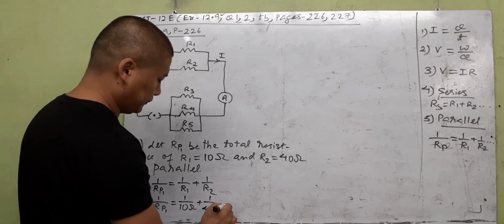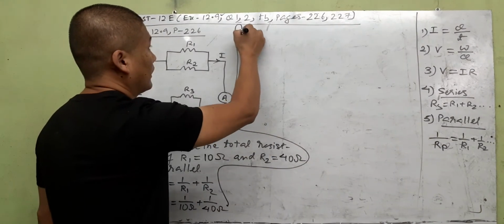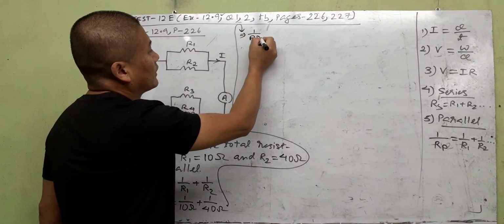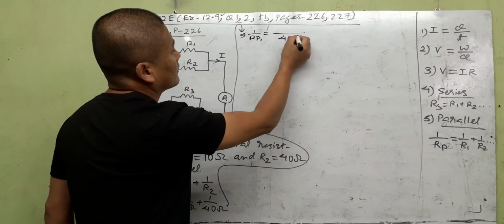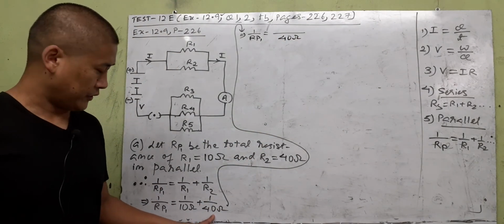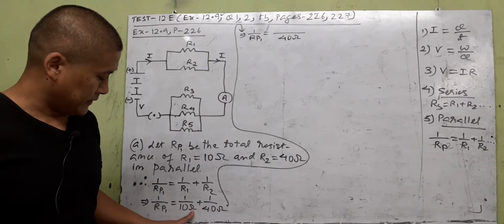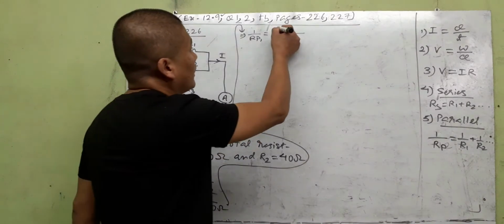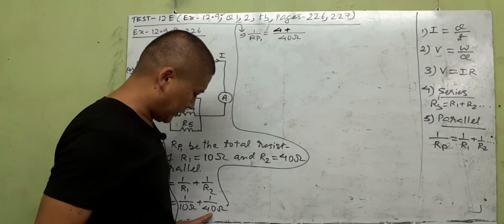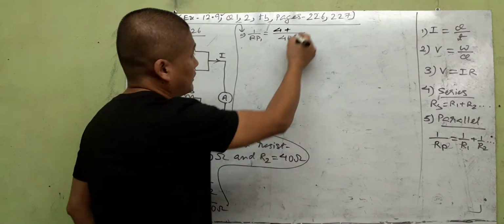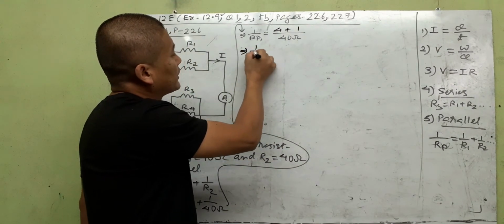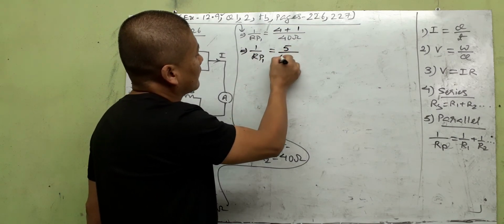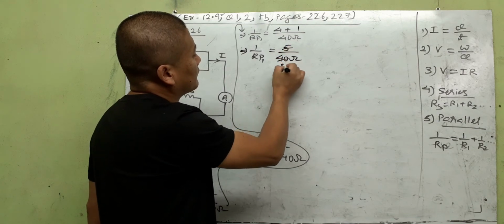As we continue, that will give you 1 by Rp1 is equal to, LCM is 40 ohms, because we know the LCM of 10 and 40 is 40. Then take the first denominator, 10 4s are 40 LCM. So 4 into 1 numerator, multiply the numerator, 4 1s are 4. Plus similarly, 40 1s are 40, so 1 1s are 1. Just a matter of doing carefully. 1 by Rp1 therefore will be 4 plus 1 is 5 divided by 40 ohms. So 5 8s are 40, which means 1 is left here.